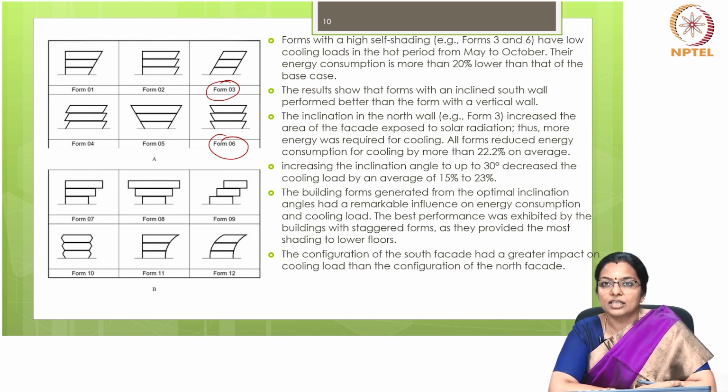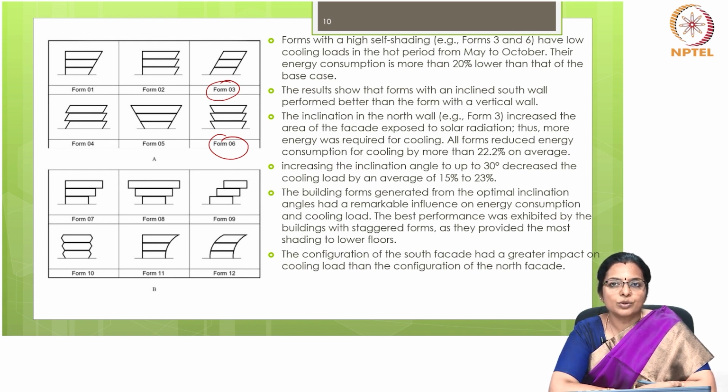The study results showed that forms with an inclined south wall performed better than forms with a vertical wall for a hot, humid climate. The inclination in the north wall, that is form 3, increased the area of the facade exposed to solar radiation.